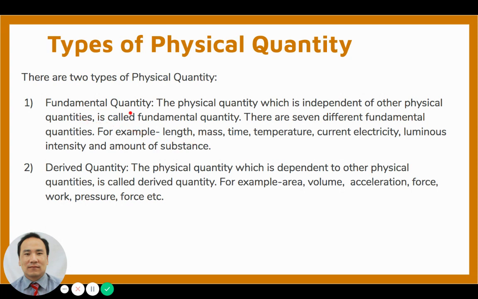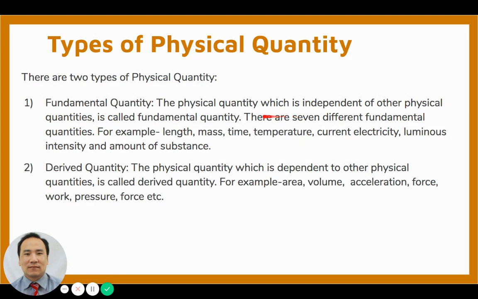Fundamental quantity. There are so many quantities that you see around us. The quantity which is independent of other physical quantity is called fundamental quantity. Means it doesn't depend upon others. Example, length. If you want to measure the length of any object, you can take the scale and measure it directly. Similarly, if you want to measure mass of any object, you can take the device and measure the mass directly. Time, you can measure directly by the watch.